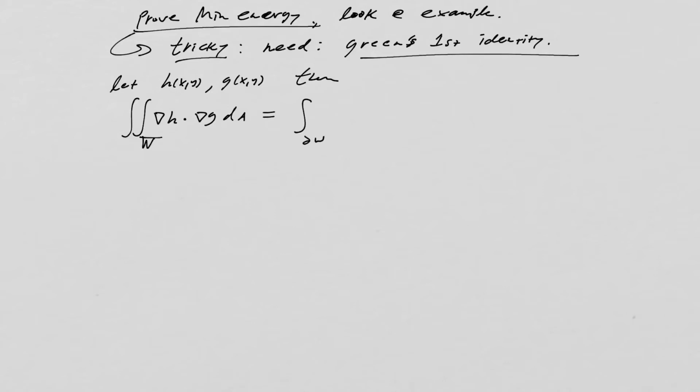It's the integral around the boundary of our set of h times the gradient of g dotted with the normal to the boundary, ds, minus the double integral over the interior of the set of h times the Laplacian of g dA.